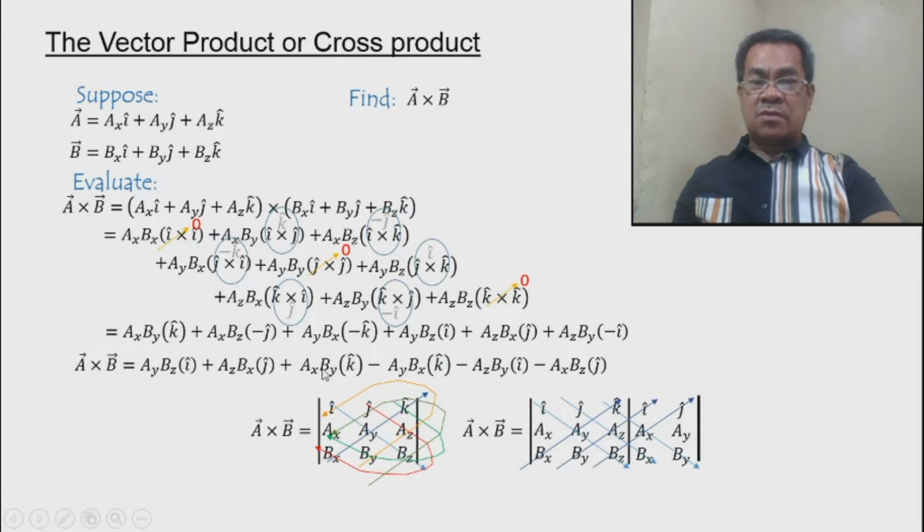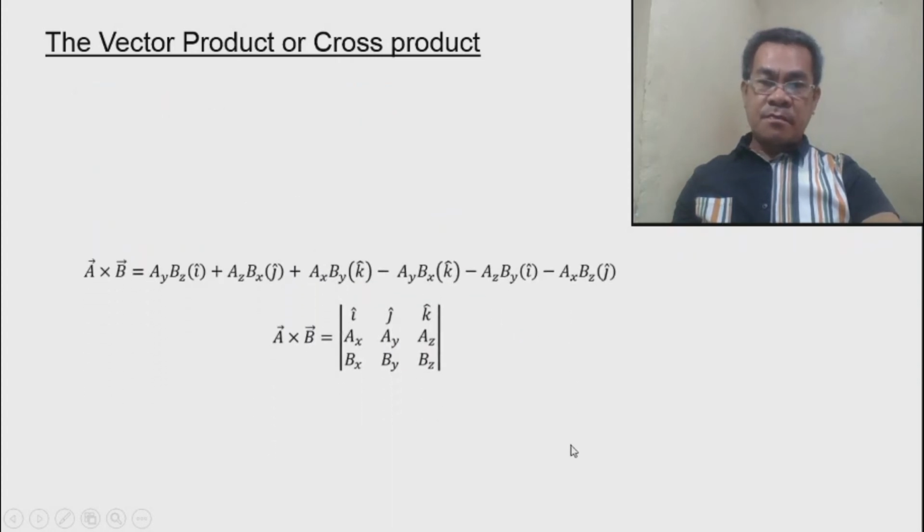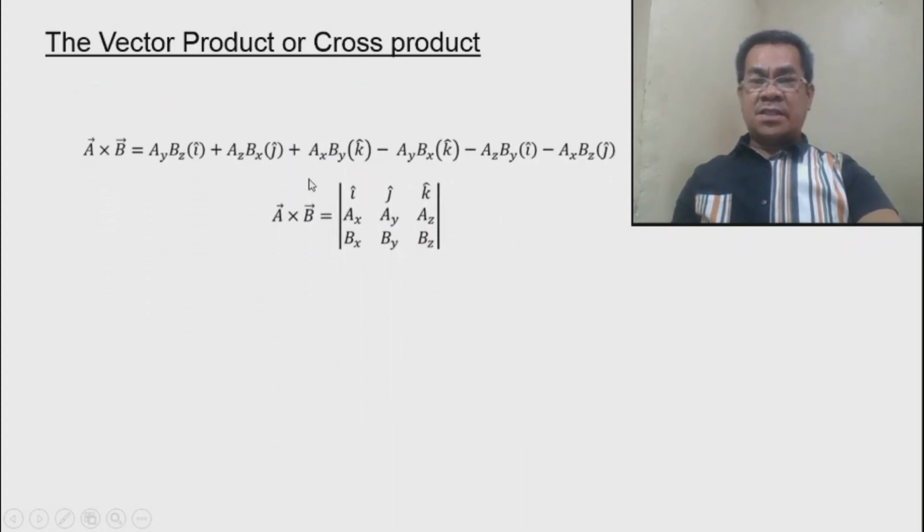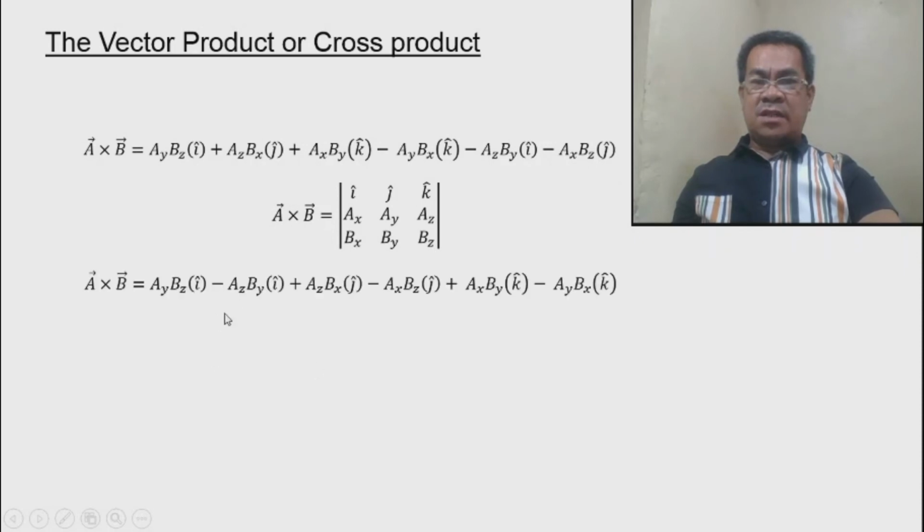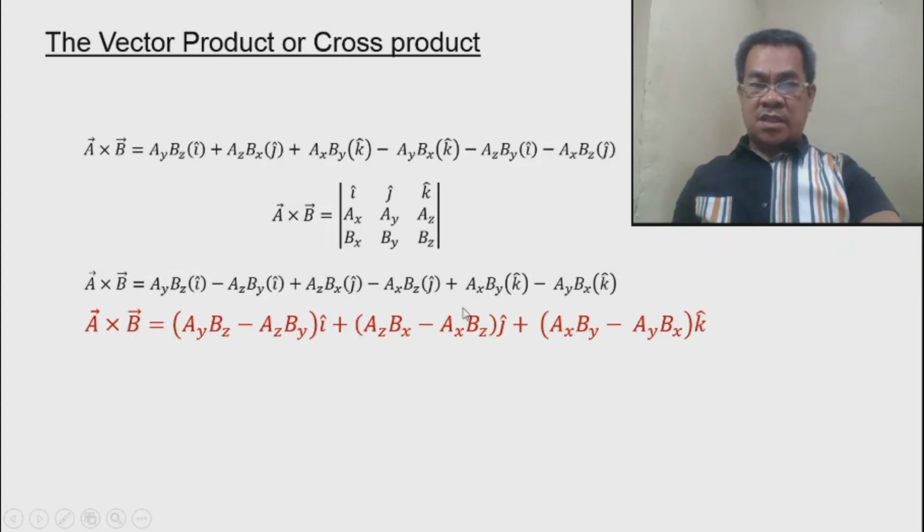And this one is also a like term. So if you arrange this, take the common factor and combine like terms, this will be the result. The common factor is I, this one is J, this one is K. So we take the common factor and leave this value. We have AY BZ plus AZ BX. So this result is actually after combining like terms.